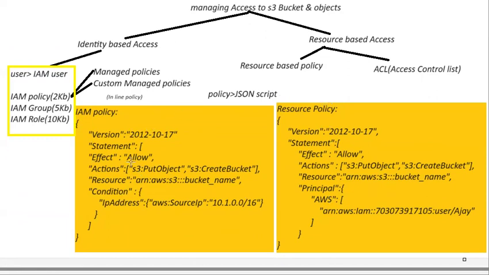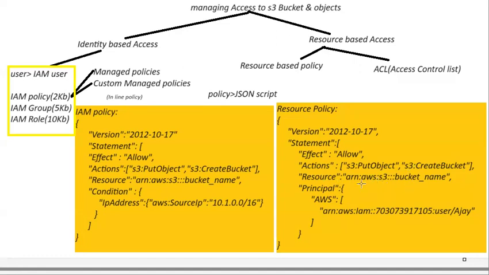You can even check here. Principal is the only thing which is added extra, whereas in an IAM policy that is not present. So in a resource based policy also, you need to specify the important things: the effect, what you are allowing those users, the action that you are specifying, like put object and create object, and the resource also.